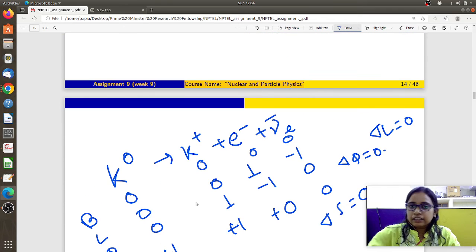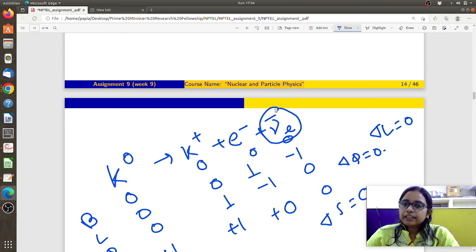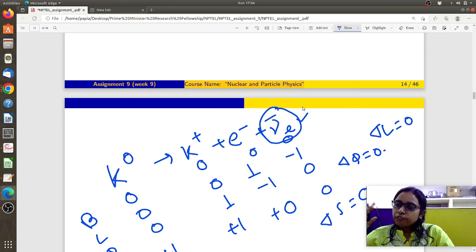If in any allowed nuclear reaction a neutrino is present, any type of neutrino, electron neutrino, mu neutrino, tau neutrino, then immediately we can say that this is obviously a weak interaction, because neutrinos only interact with matter via weak interaction. They can't interact strongly or electromagnetically.